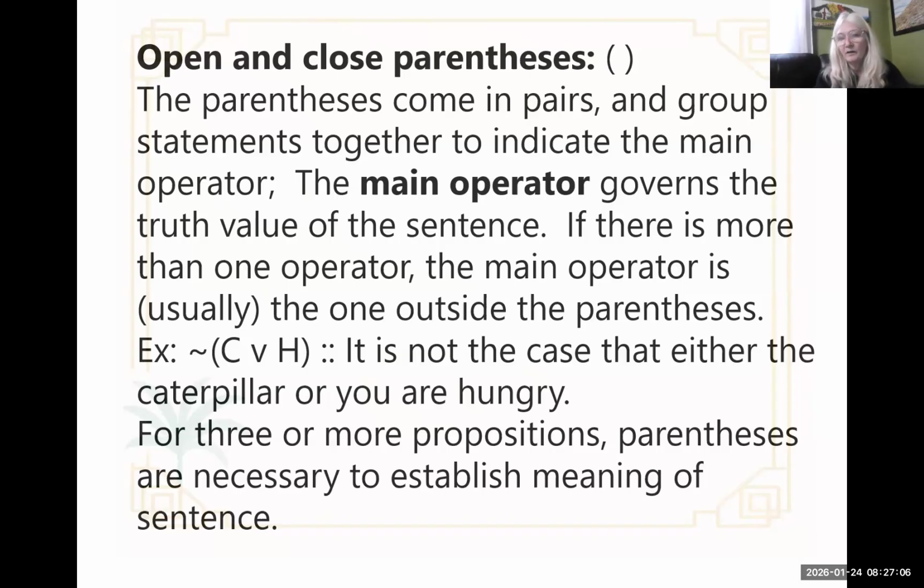If there's more than one operator, the main operator is usually the one that is outside the parentheses. For example, if I have negation, parentheses, C or H, close parentheses, standing for it is not the case that either the caterpillar or you are hungry, then the main operator is the negation. The negation operates on the or in the sentence.